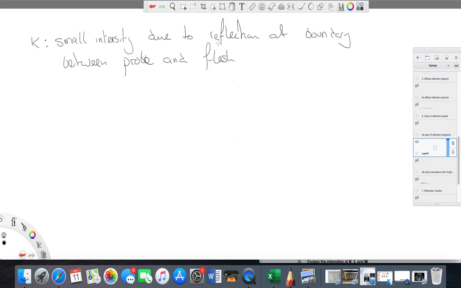So I'm saying it happens at all because of the reflection at that boundary.